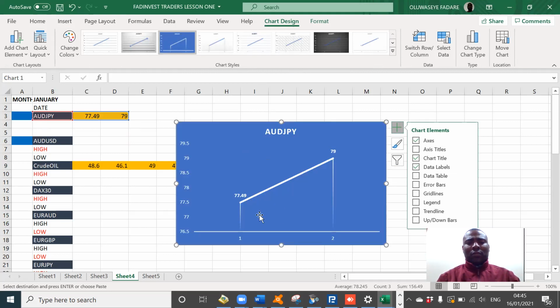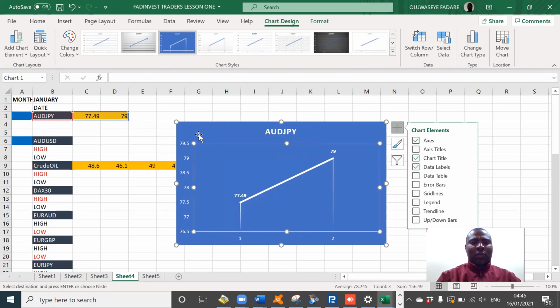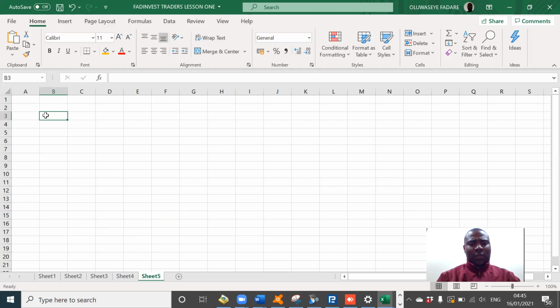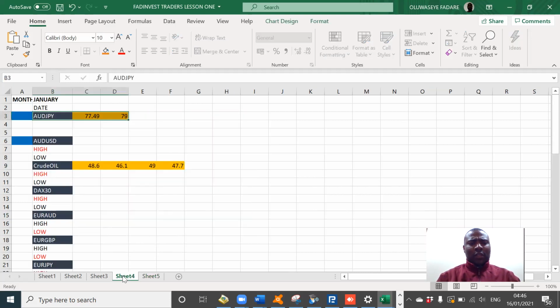So it's just one movement, 1 week traffic. So that's AUD Japan yen. The next one is crude oil. Let's see the graph of crude oil.